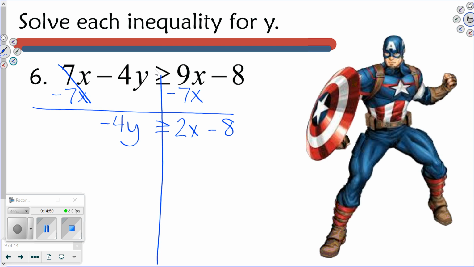Flip the sign? Yes, this time that sign right there is going to flip to a less than or equal to, right? Because I divided by a negative. Negative 1/2 x. Good. Make sure you simplify. And then plus 2.